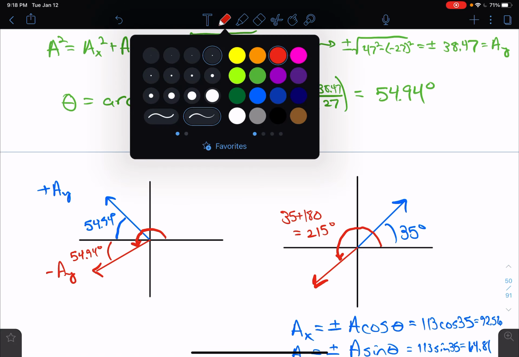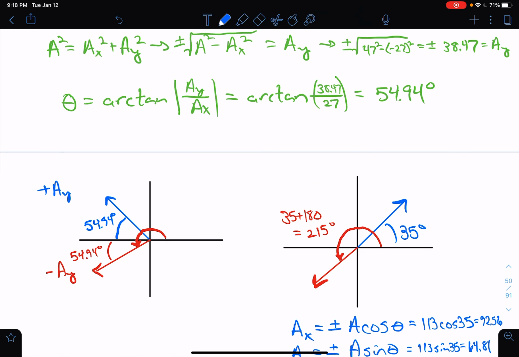Whereas for the other one, for the positive y component case, I have to go from here to here. So in other words, I've got to go 90 and then this extra little bit. So I'd have to figure out what this extra little bit is, which isn't too hard because I know this. Or alternatively, I could go 180 minus 54.94 to get those angles.